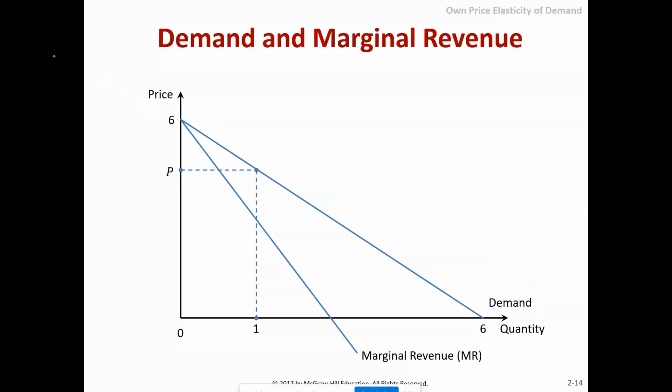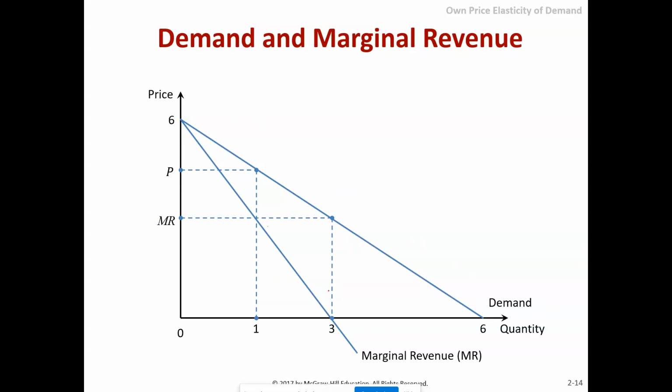Actually, for a straight demand curve, marginal revenue and the demand curve start from the same point on the vertical intercept, and marginal revenue always cuts the horizontal axis at half as much as the demand curve cuts. So if here were 6 and here's the 3, is it 8? Is it 4? Is it 12? Is it 6? If it were a straight-line demand relationship.